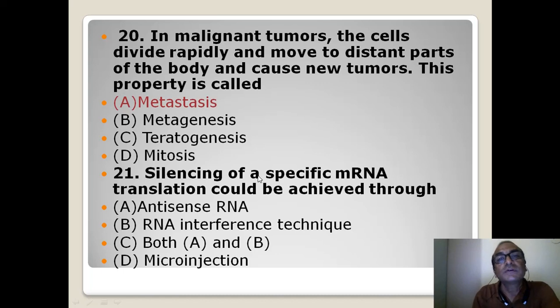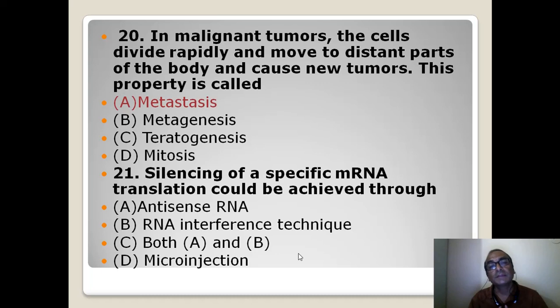Silencing of a specific mRNA translation could be achieved through A. Antisense RNA, B. RNA interference technique, C. Both A and B, D. Microinjection. So here the technique given is RNA interference.